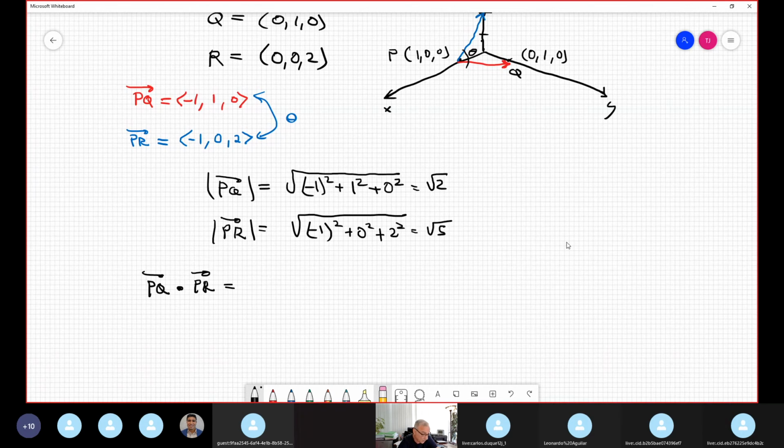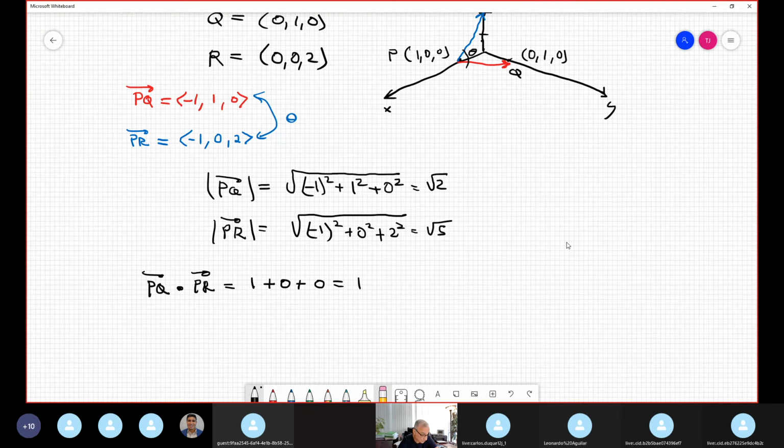Okay, entonces es multiplication. Negative 1 times negative 1 is positive 1, plus 0 times 1, component by component, is 0, plus 2 times 0 is 0. Wow, everything is 0 except the first one, which is 1.